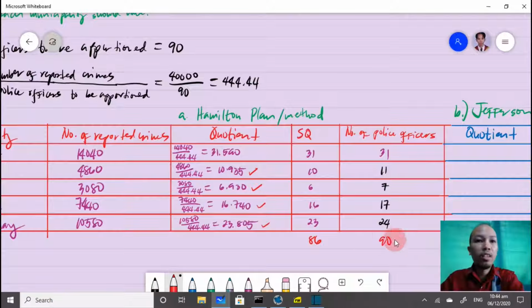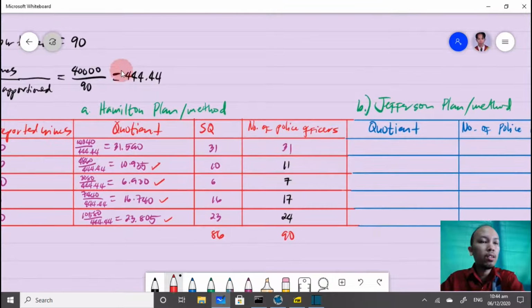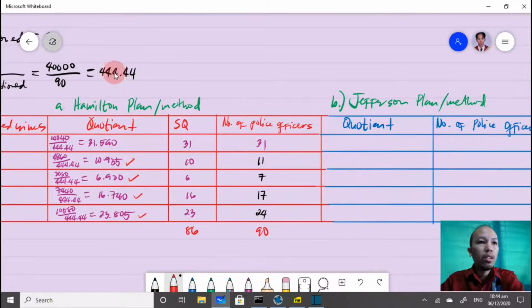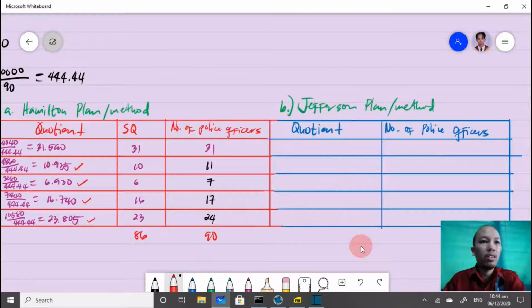So let's try the Jefferson plan. What I did is I will have the modified standard divisor. I choose 438.